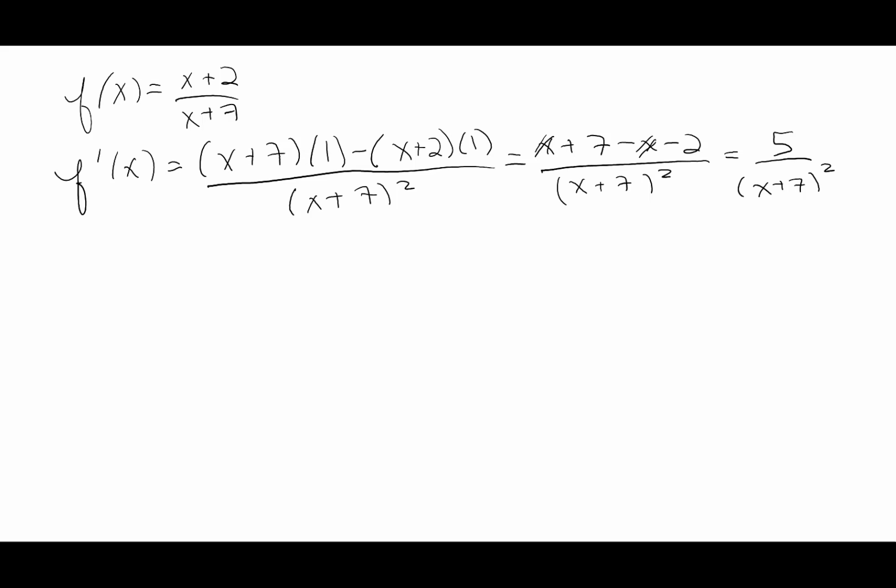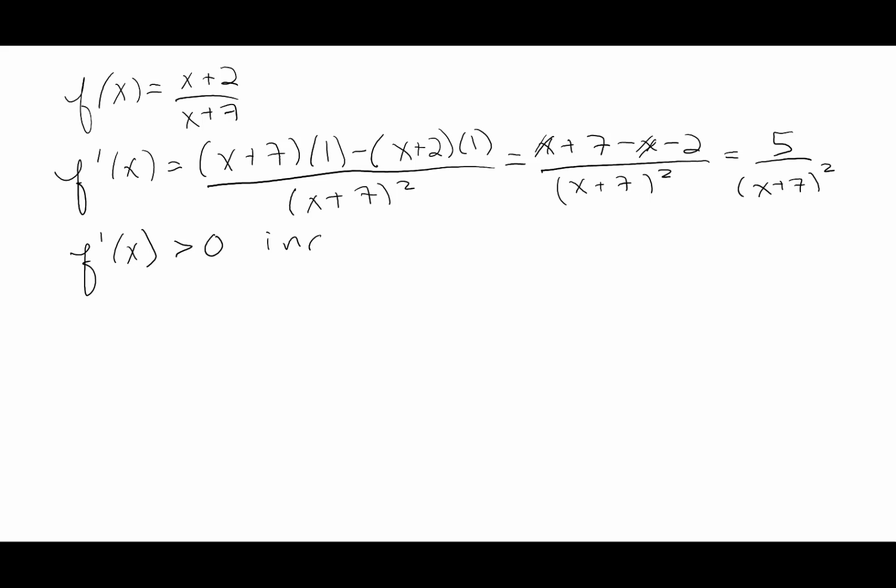5 is positive. X plus 7 squared is positive. You can tell from this derivative, without doing any more work, that this first derivative is always greater than 0. Now, I do have this time where x is negative 7 and the first derivative doesn't exist. That's okay. But what I want to be thinking about is everywhere else, 5 is positive, square is positive, the derivative is positive.